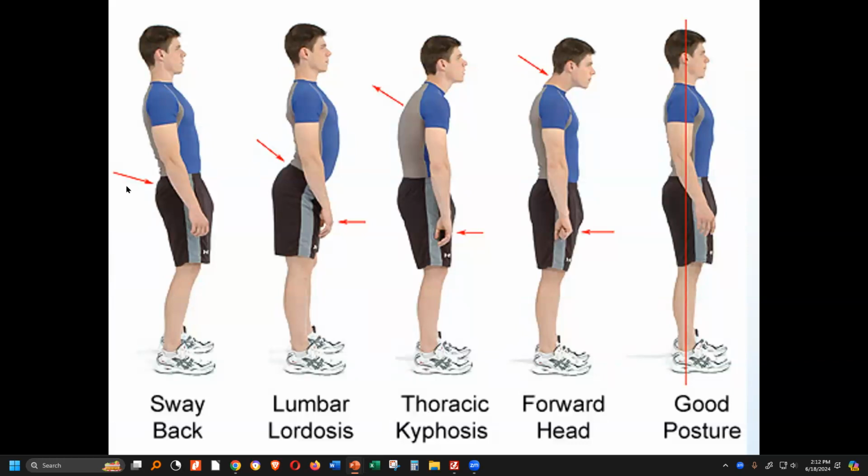Now this is also showing here, of course, some of the conditions I didn't mention, like swayback. In swayback, you can see here that there's a more posterior curvature of the lumbar and sacral vertebra.